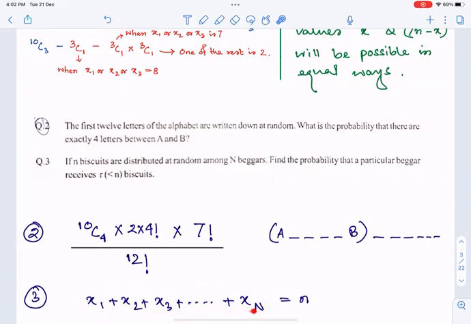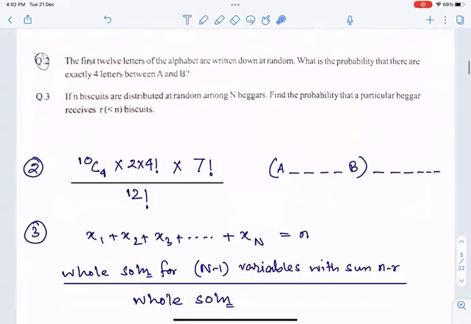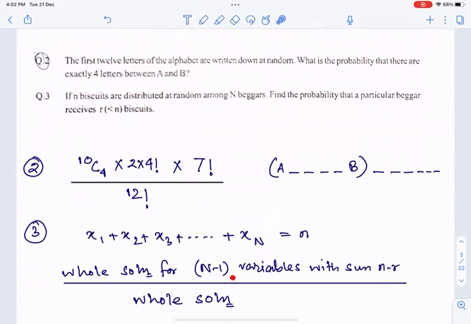Capital N minus 1. Capital N minus 1, and the right hand side sum? N minus r. N minus r. So our required probability will be the number of whole solutions for capital N minus 1 variables with sum n minus r, and the overall number of whole solutions for the present equation will be our denominator. That will be our required probability.